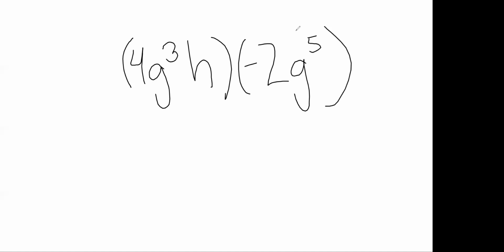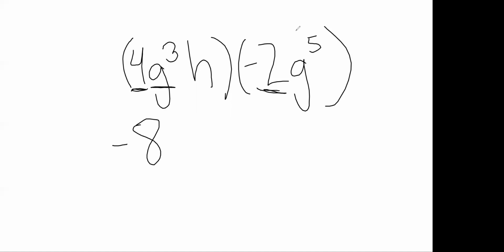All right, so when you are multiplying monomials with the same base, you're going to add the powers. When you're multiplying a coefficient, the number that's in front, you still just multiply. That rule is the same as it always has been. So 4 times -2 is -8.